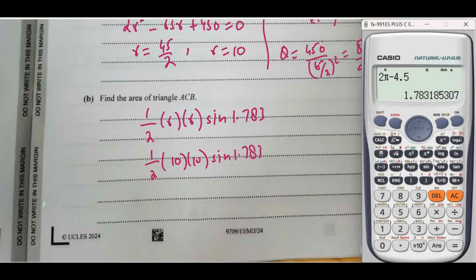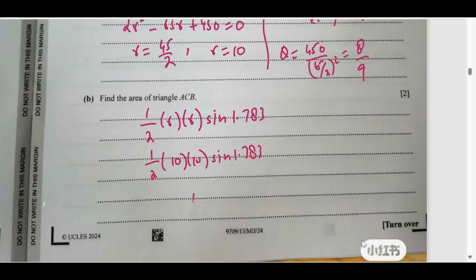So sine of answer multiply by 100 divided by 2. So this will be equals to 48.87 centimeter square. So this will be the final answer.